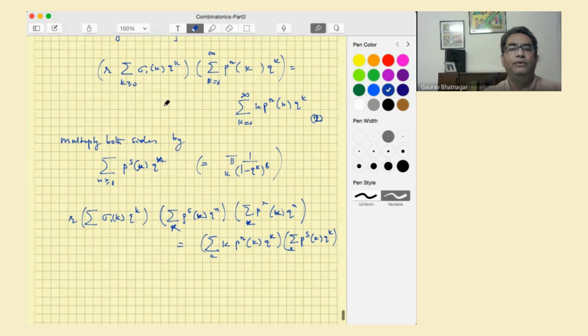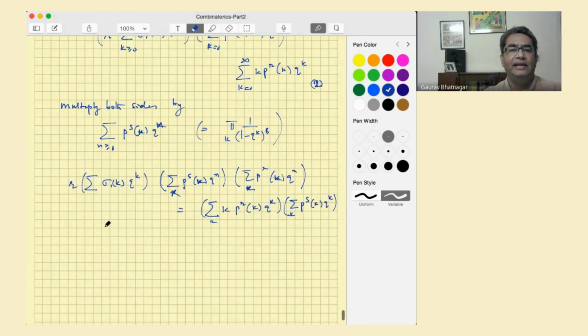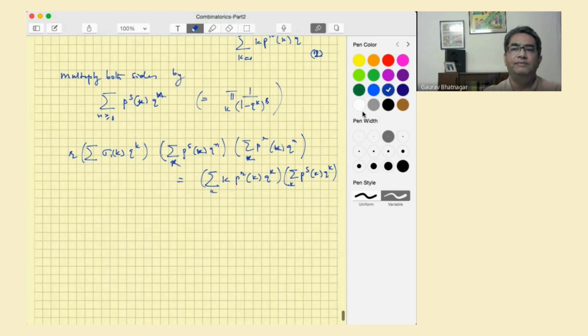Now these two guys I combine using this chap, except that I don't have an R and I have an S, so I have an extra. So these two I had combined, and what I need to do is multiply and divide by S, and then when I combine it, I will get the summation of k PS k q raised per k times the summation of k PR k q raised per k.